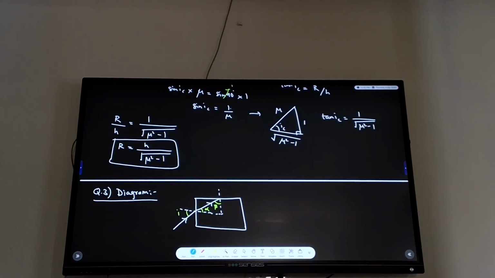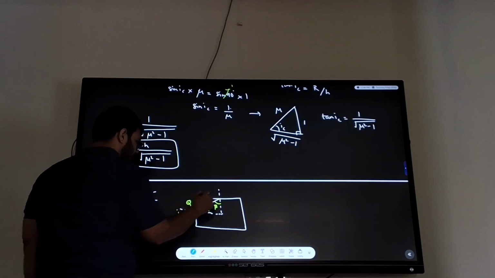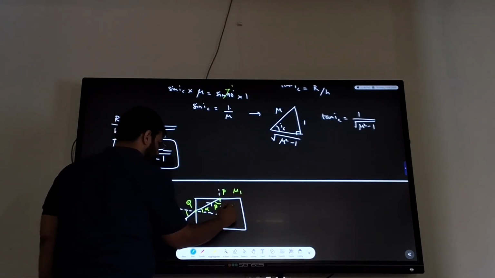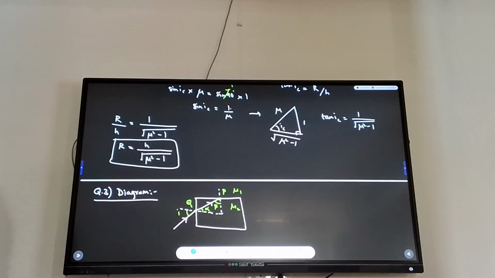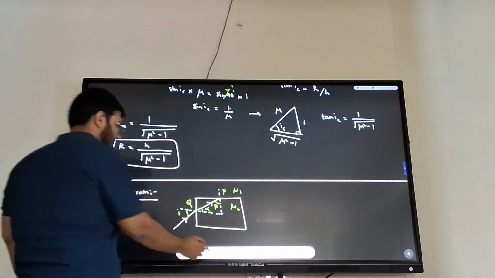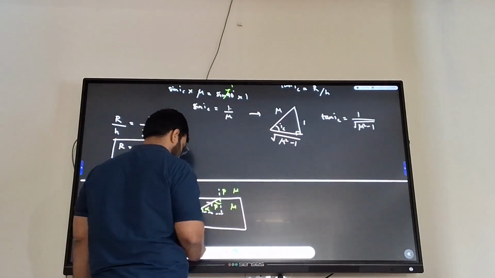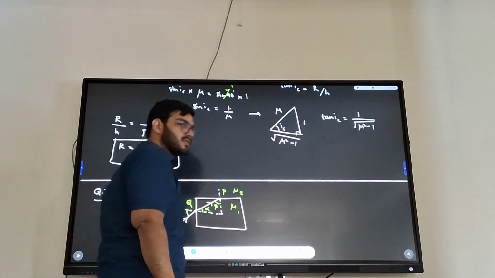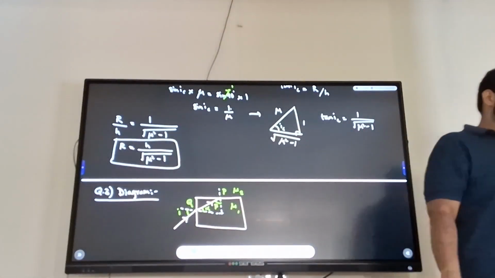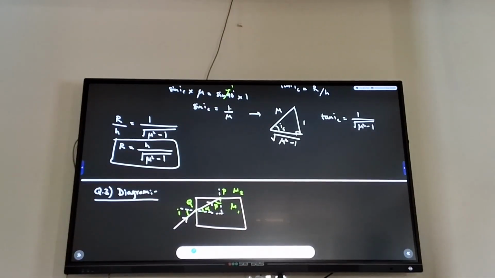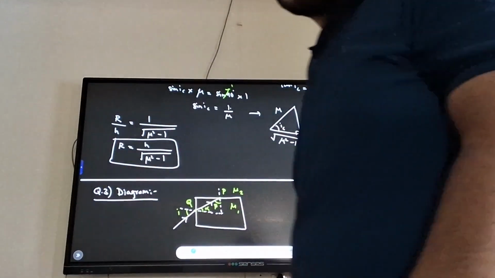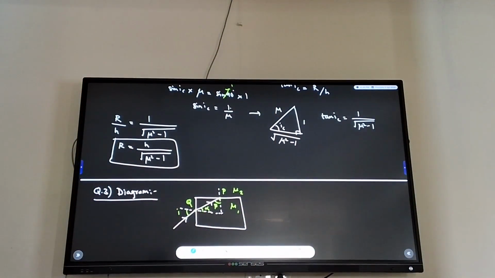Yes, this is point Q. This is point B. This is mu1, this is mu2, I think. No, the other one is this one. This is one. Okay? This is question number 3, right? Attempt the question.